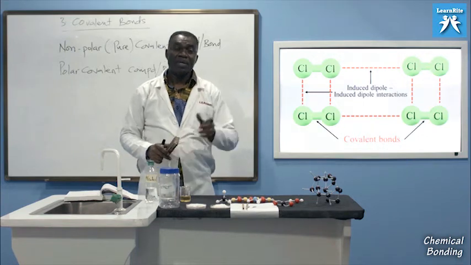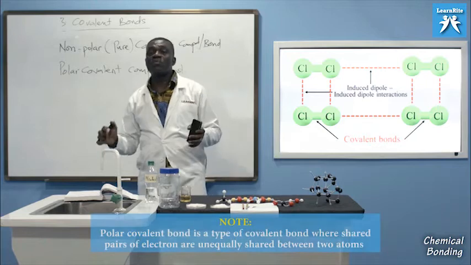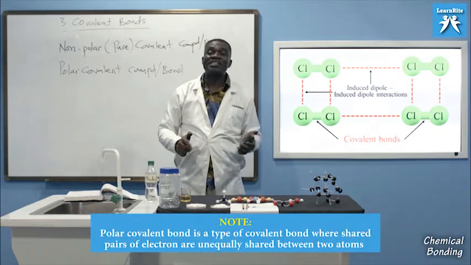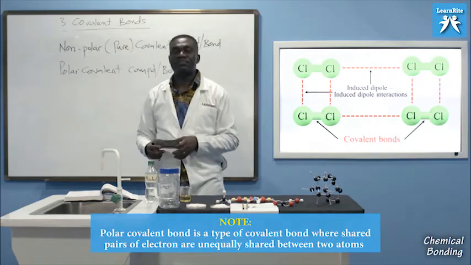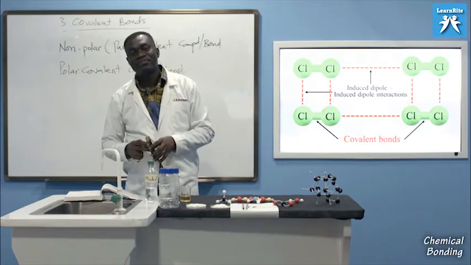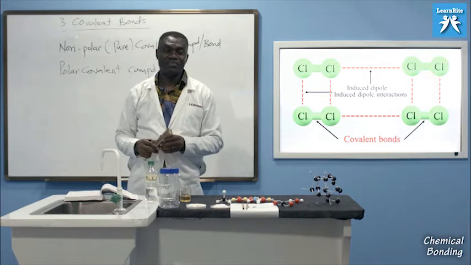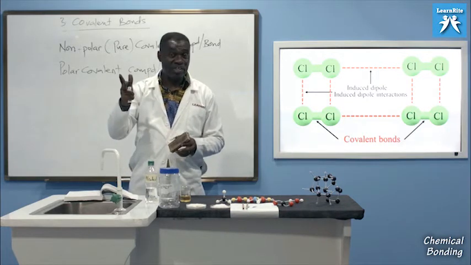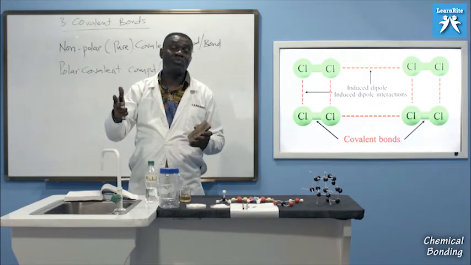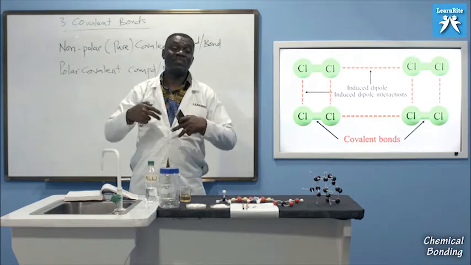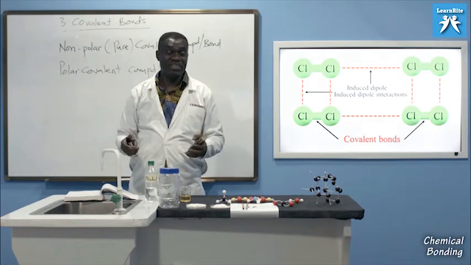Okay. The polar is a type of covalent bond where the pair of electrons is unequally shared between the two atoms. One is greedy. I wouldn't call it greed. In chemistry, we call it more electronegative. What is electronegativity? The ability of an atom to pull shared pair of electrons more to itself than the other atom. It has higher affinity.